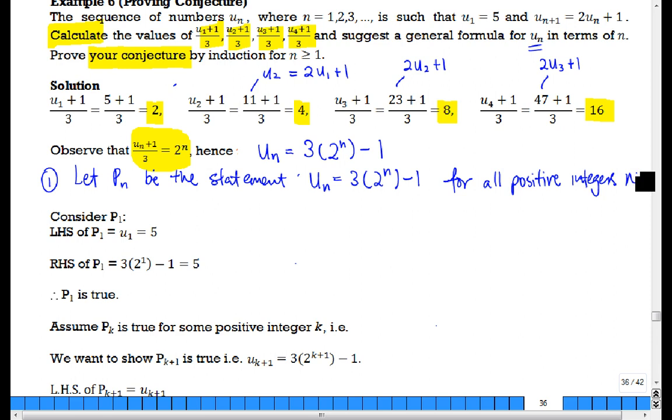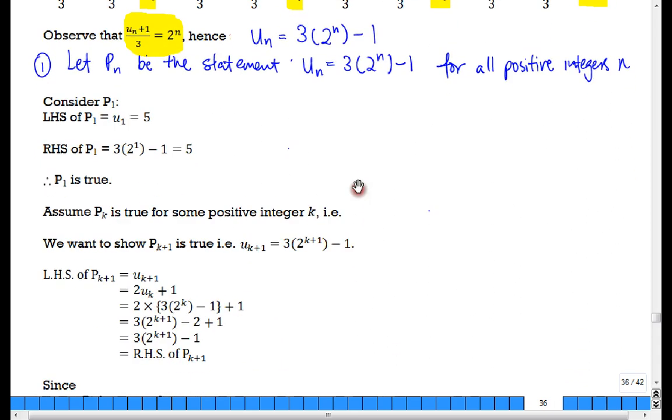Okay, step number 1, why positive integers? Because I start off with U1. Look here, U1 is 5, so it is only true for all positive integers. Alright, can I?